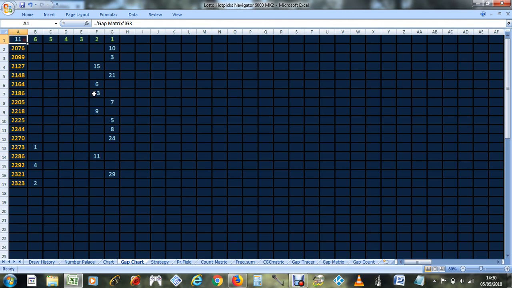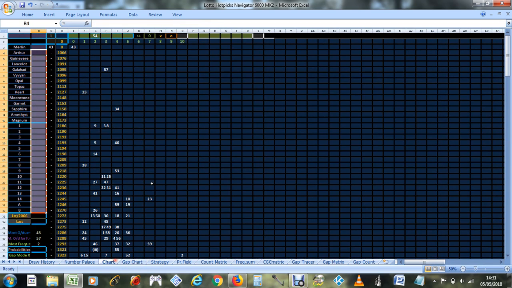And the current gap at the moment is a gap of 11 draws without any occurrence. So if it comes out in the next draw, it will have been 11 draws since it last occurred. Now that gap has occurred twice. So we've got 2286 and frequency 2.